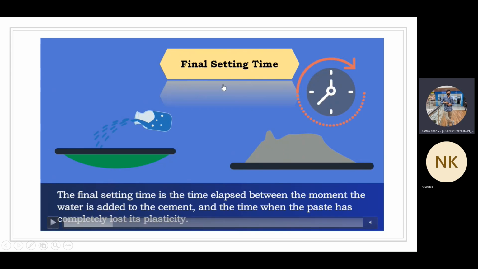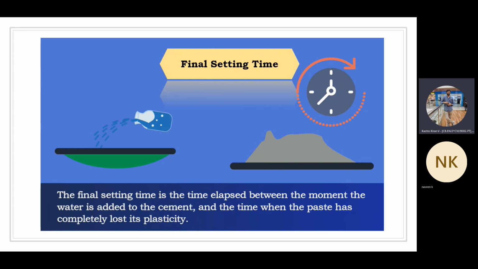And then final setting time, it is the time elapsed between the moment the water is added to the cement and the time when the paste has completely lost its plasticity. What is this plasticity? So in the initial setting time, you can take that cement paste and you can feel that cement paste.